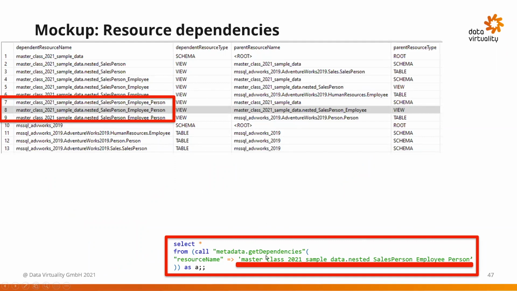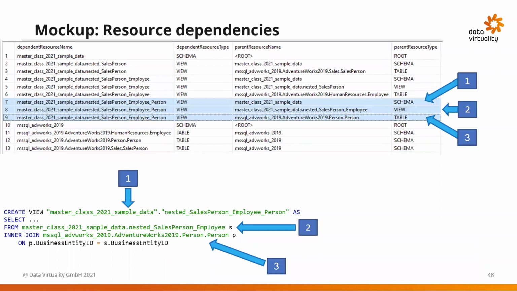So this corresponds to this view here, the complete name. And what you're actually looking at in the complete data set is a hierarchical view of all of the data, from the root, which is our schema, all the way down to the other schemas that this view depends upon. We'll look at this in detail in the next slides.